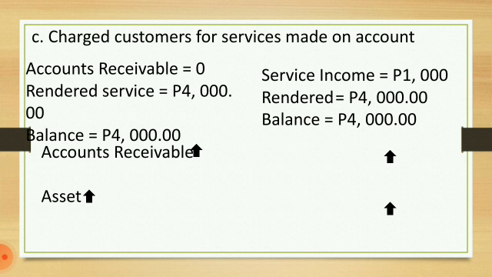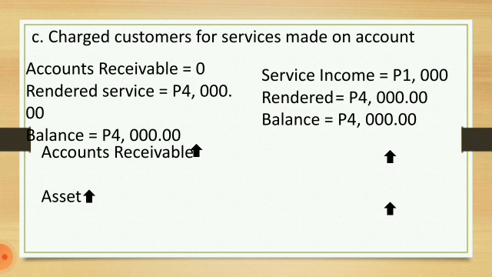So let's put it this way also. Let us say your balance for your service income is 1,000 pesos. After you have rendered the service, you now have a collectible amount of 4,000 pesos. So you have a service income of 4,000 pesos.